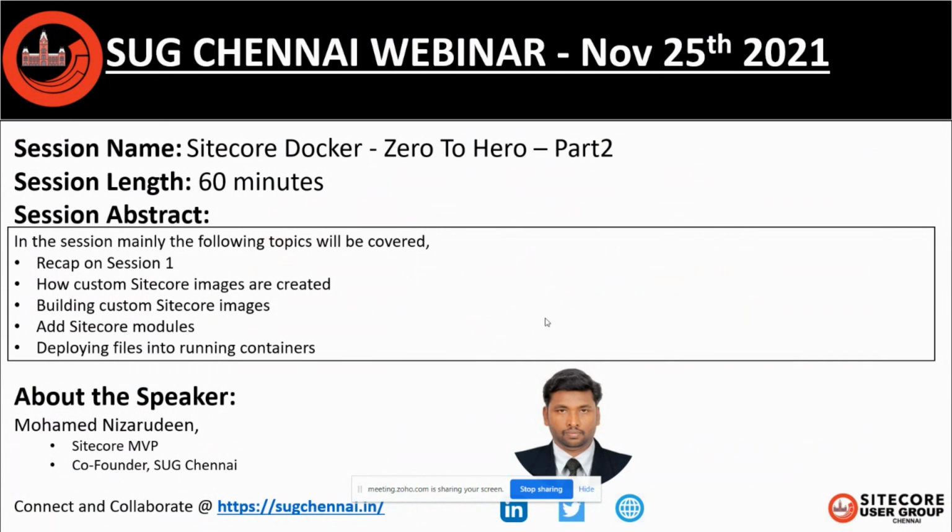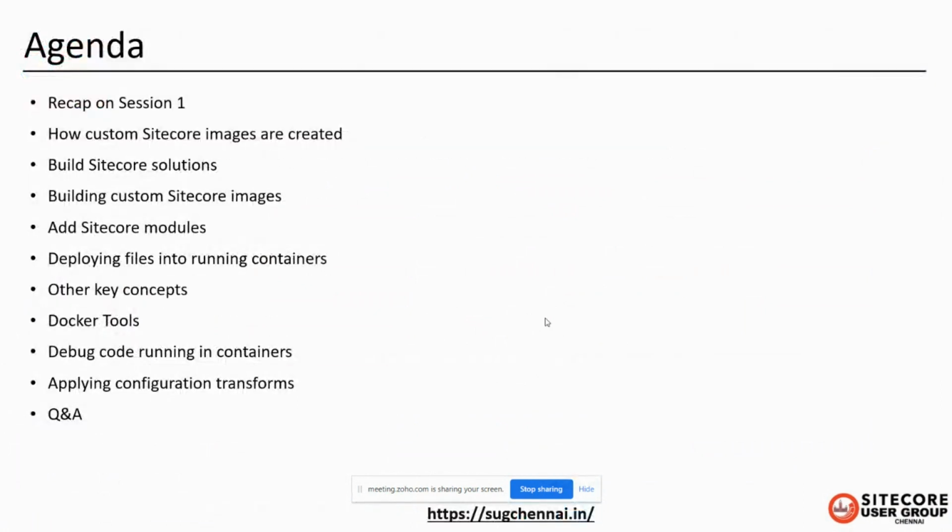This is the agenda for the session. We'll start with a recap on the previous session. Then we'll see how custom Sitecore images are created and how to build a Sitecore solution.